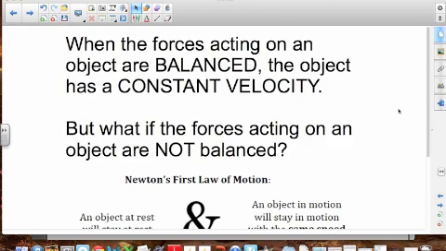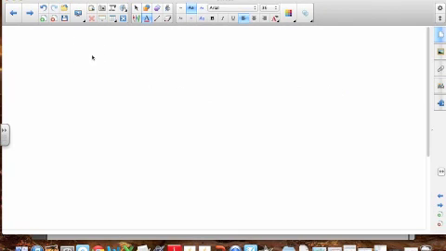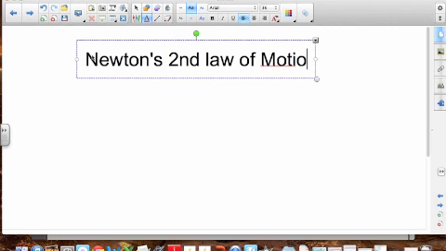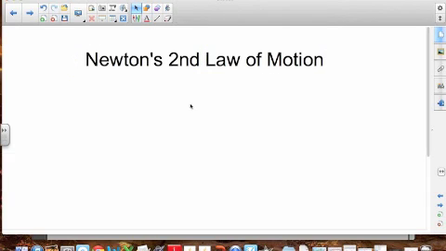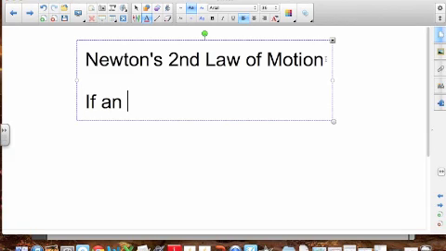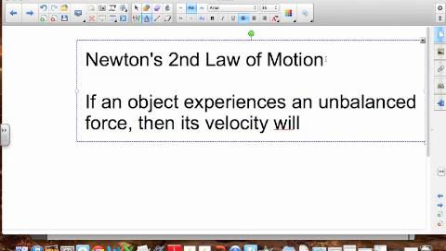And this question leads us to, drumroll please, Newton's second law of motion. Newton's second law of motion answers the question: if an object experiences an unbalanced force, then its velocity will change.